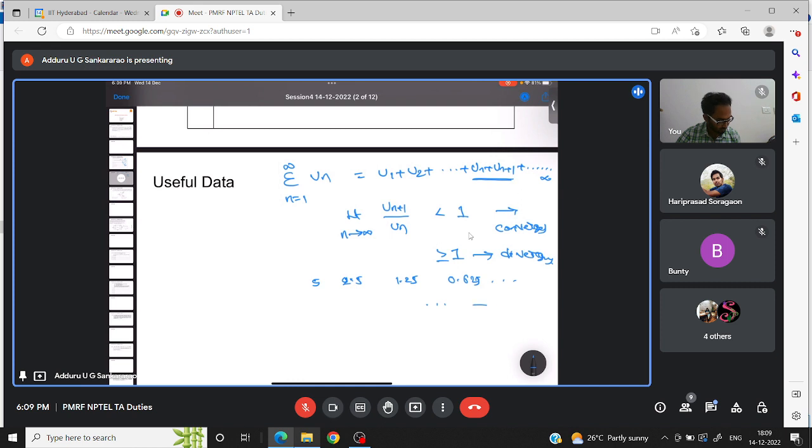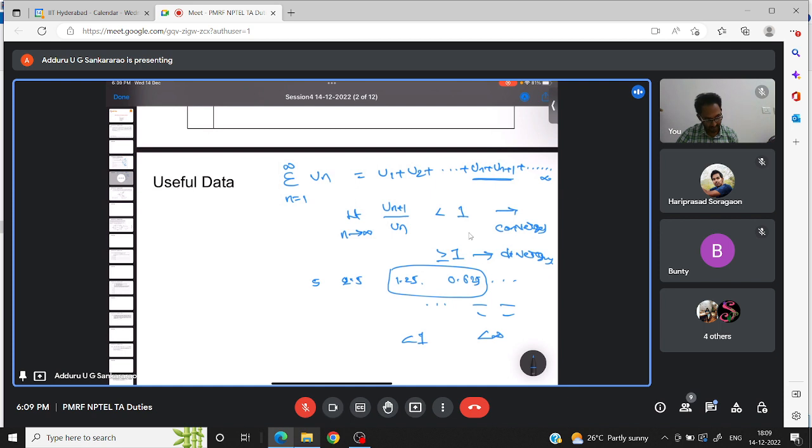If the ratio of two successive terms is less than 1, it means the values are decreasing, right? Decreasing means if we add them, then it cannot be infinity.